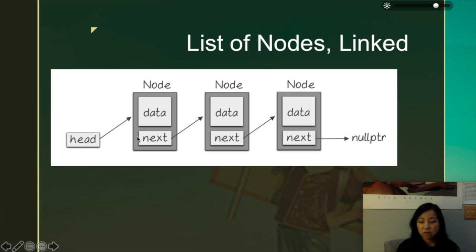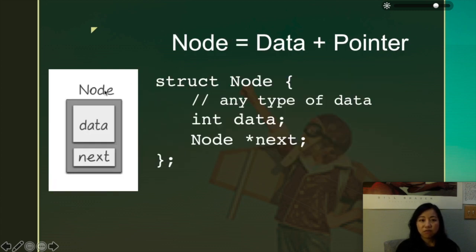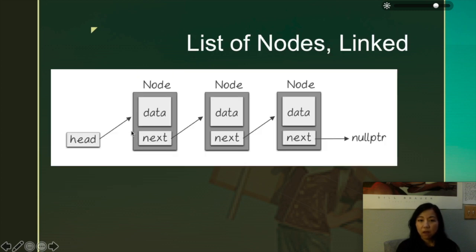A node is constructed by a piece of data and a pointer to the next node. And you will see that the nodes are connected with a pointer that's called next in our example. And then at the end, when there are no more nodes, the next will point to NULL.